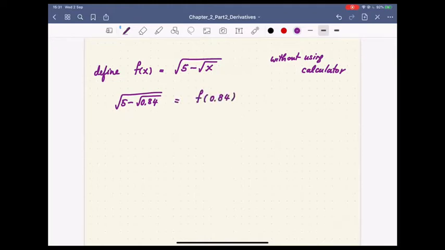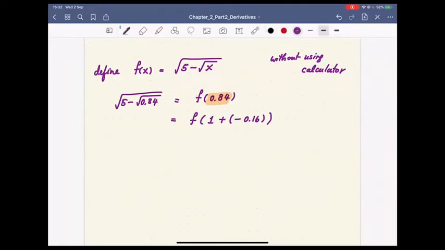Then you compare with the differential form. This is 1 plus negative 0.16, because 0.84 is close to 1. It's just 0.16 short of 1, so you just add that.